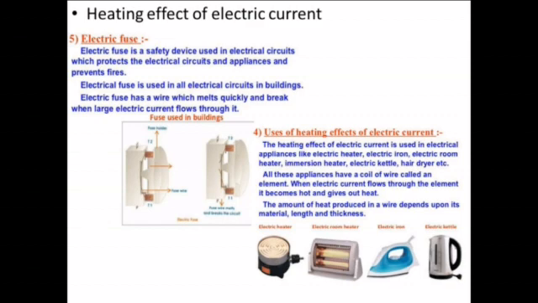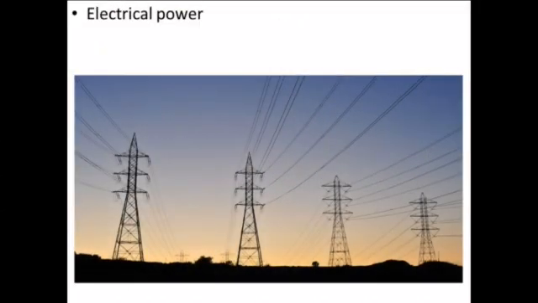The SI unit of electrical energy or heat energy is joule. The thermal effect of an electric current is used in many instruments in our day-to-day life. Example, electrical heater, electric iron, water heater, toaster, oven, etc.